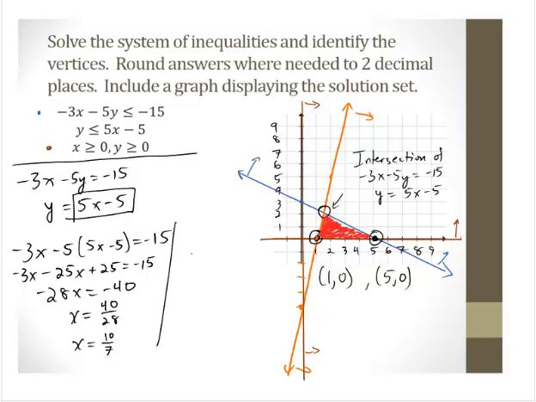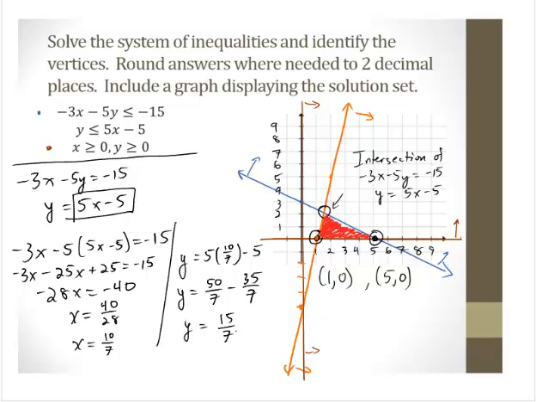Then y would equal 5 times 10 sevenths minus 5. So y would equal 50 sevenths minus 5. Now let's think ahead. 5 is the same as 35 sevenths. So then y would equal 15 sevenths.